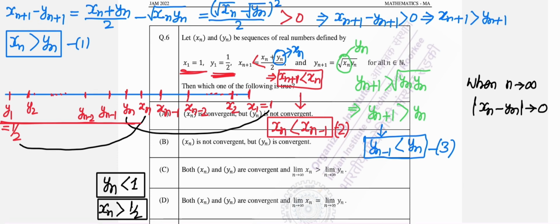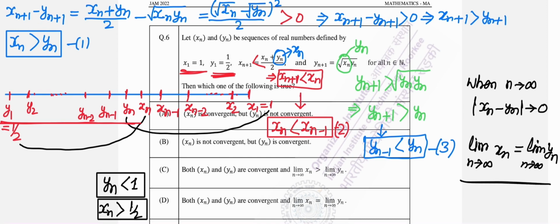So the limit as n tends to infinity of x n will be equal to the limit as n tends to infinity of y n. So you see both sequences are convergent, and second, the limits are equal. You see this in option D, so our correct option will be D.